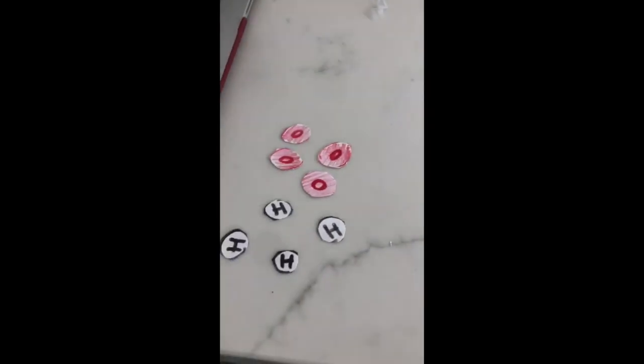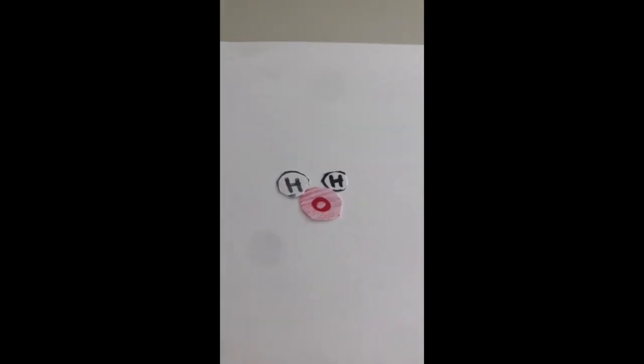Hi, boys and girls. So now that we have our atoms cut out, what you need to do is chemically combine them to make molecules. So if you take 2 hydrogen atoms and 1 oxygen atom, and they chemically combine, they will give us a molecule of H2O, which is water.